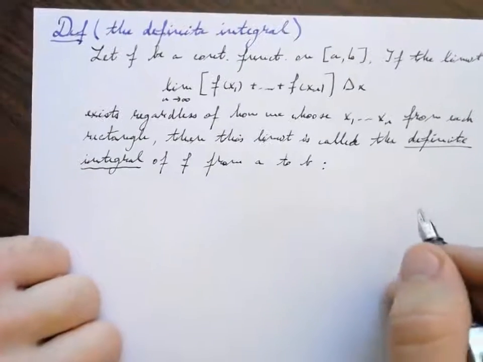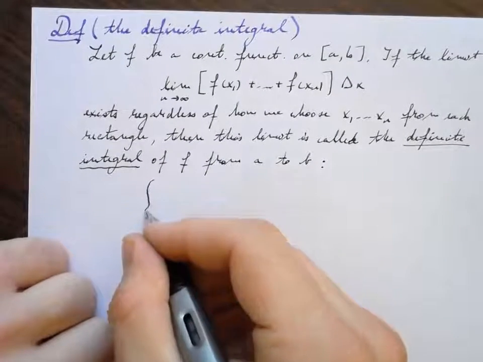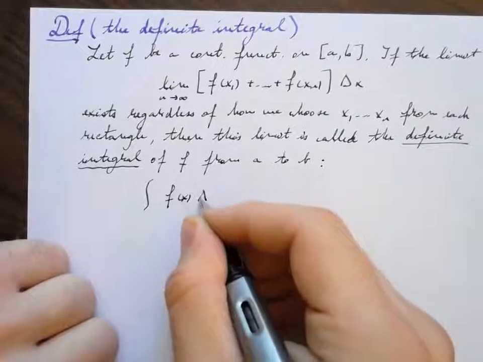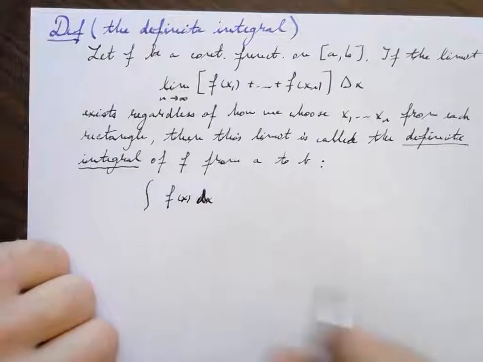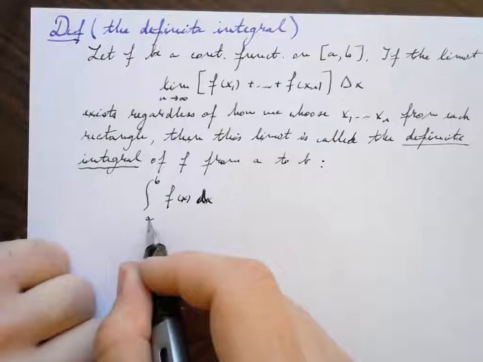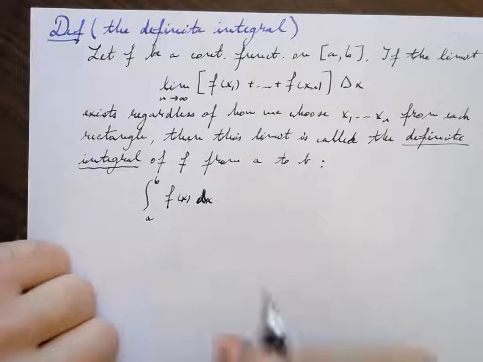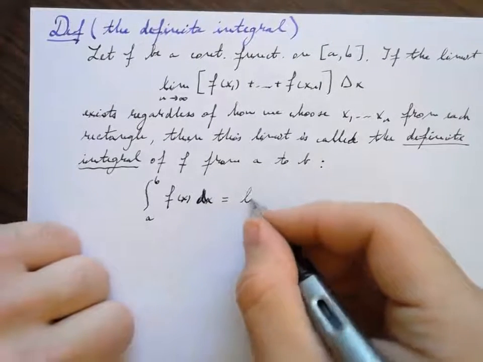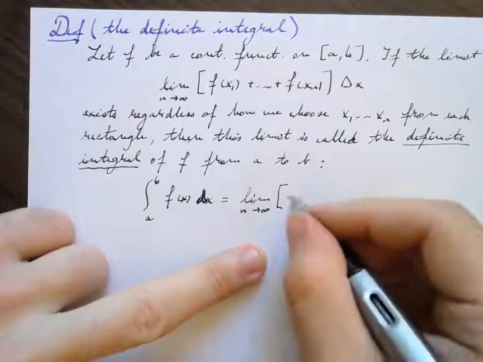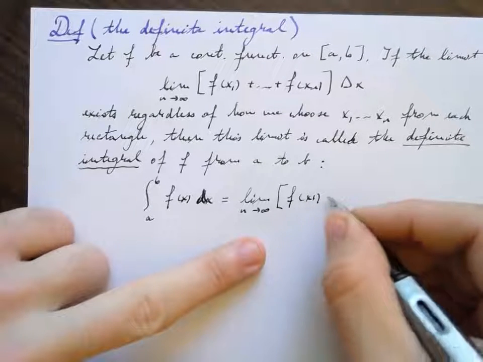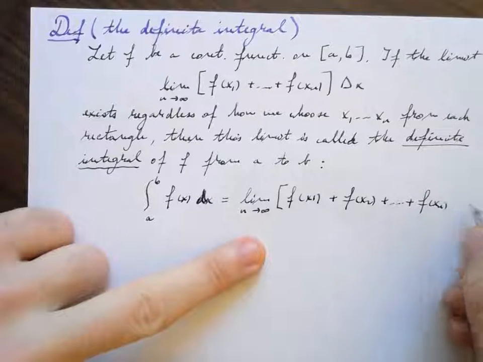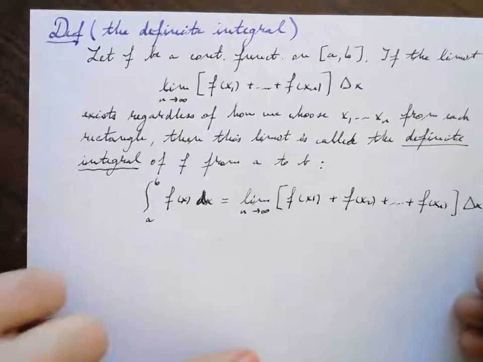So the notation for that is just like the same notation we had for indefinite integrals. So it's the integral sign, I have f of x dx here, not delta x, but dx, and then instead of just leaving it like that, I write a down here, b up here. So this is equal to the limit as n goes to infinity of f of x1 plus f of x2 plus dot dot dot f of xn times delta x.